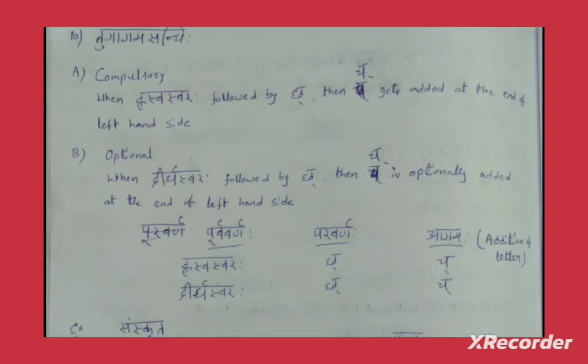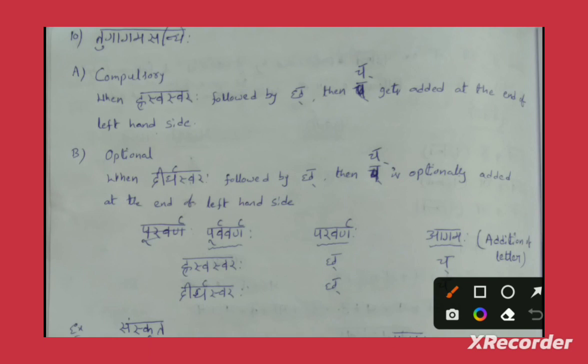So we'll see the definition once again. In Tugagama Sandhi, the first case is a mandatory case. What is that case? When a Hrasva Swara, a short vowel, is followed by Chakara, then Chakara will get added at the end of the left hand side. Agama will happen. And this is a mandatory case. What is the second case?